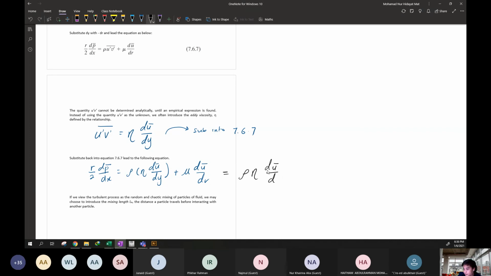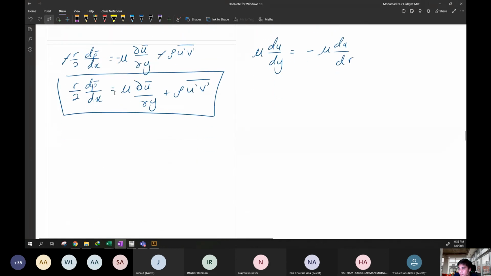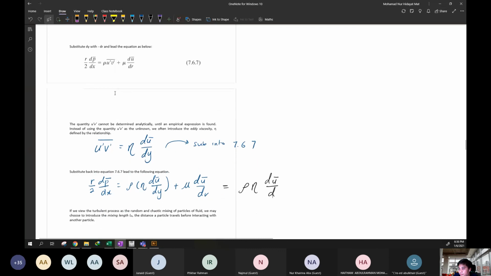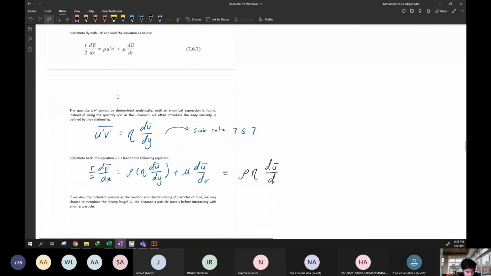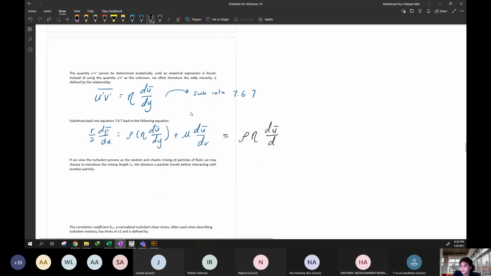Okay, so from here we can do the factorization.